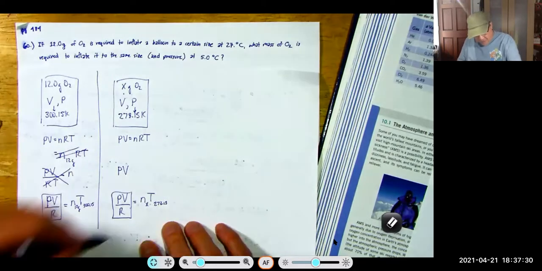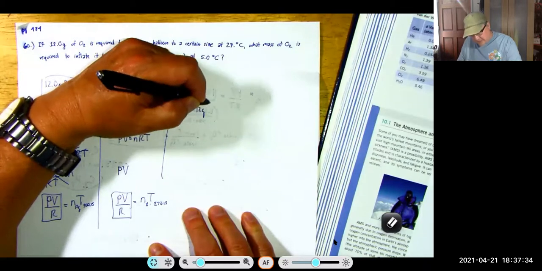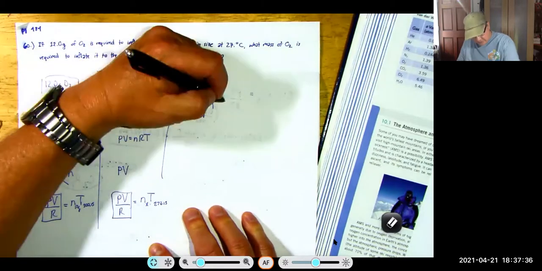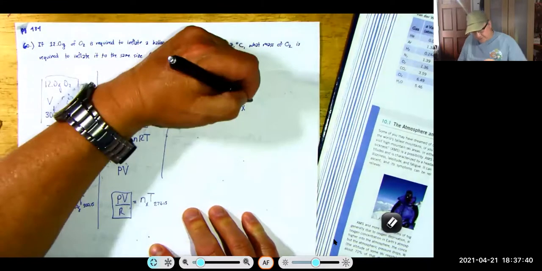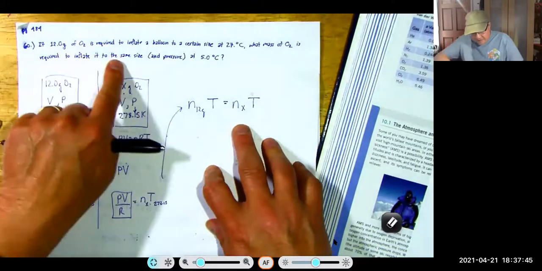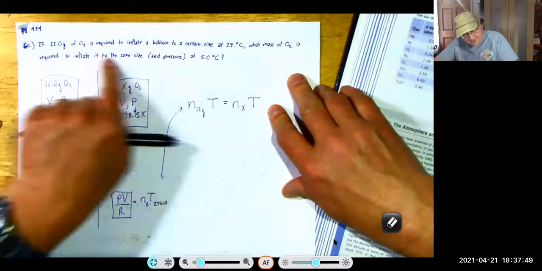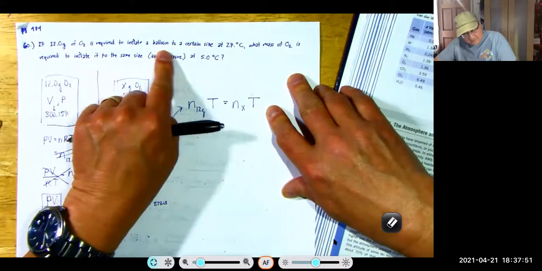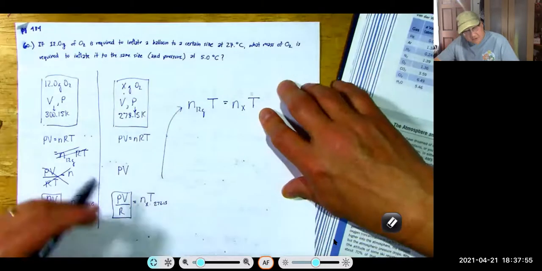So therefore, we can say that the moles of 12 grams times the temperature is equal to the moles of X grams times the temperature. So that means that here, if we're supposed to figure out the grams to inflate this, we've got a good start.